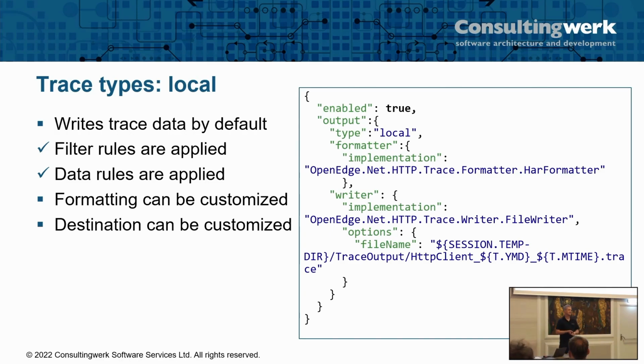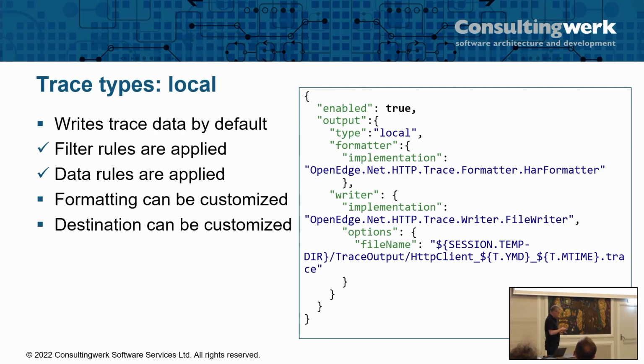How do I want to format it? And so in the box there's two. Both are JSON, but there's a HAR formatter and a JSON formatter. JSON is just vanilla Progress JSON format to write, but HAR is a quasi-standard. We'll talk about it in a bit, but it's very commonly used in web applications, including browsers, including REST clients, a whole bunch of things.